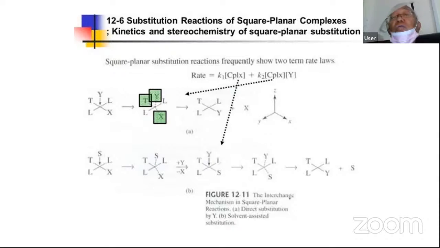For square planar, it can become 5 coordinate or trigonal bipyramid. So that is the thing. I hope you can see that. You can imagine what is taking place in the reaction. Okay, we go to the next slide.